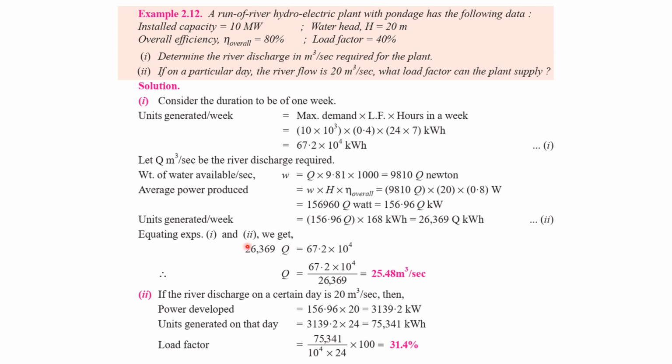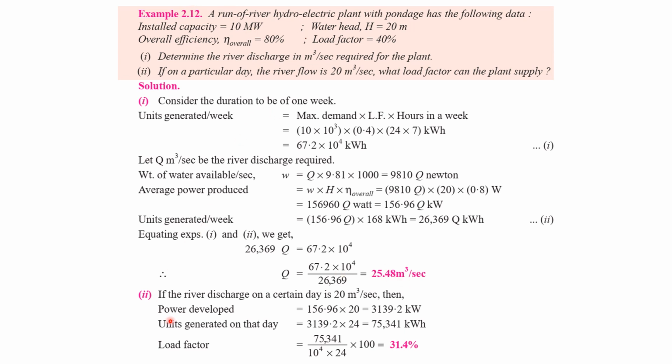So we compare these two, and by comparing these two we get the average discharge required for this plant to generate this much power as 67.2 into 10 power 4 divided by 26396. So 25.48 meter cube per second must be displaced to produce this much amount of power, 10 megawatts of power.